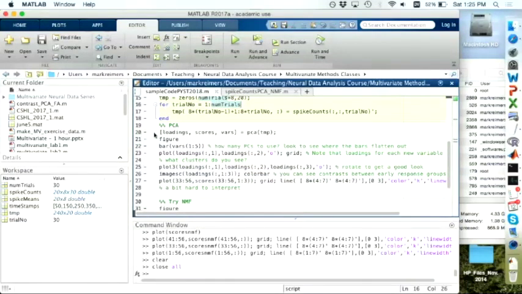So the principal component command in MATLAB is pca, and it returns up to, I think, five outputs. The ones that we're typically most interested in are the first three. So the loadings are going to tell you what combinations of variables are included in each of the summary variables, or what combination of measures are included in the summary variables. The scores sort of tell you how these summary variables change over time.